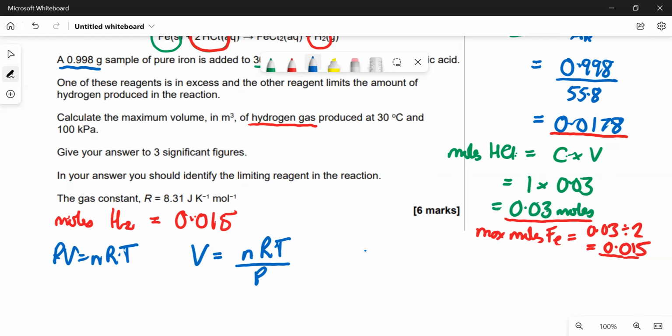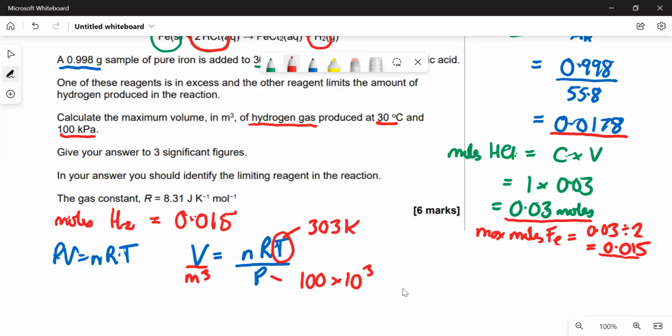So we need to remember the temperature is in kelvins. 30 degrees C, what's that in kelvins? Well, 273 plus 30 is 303 kelvins. The pressure is 100 kilopascals. We can't leave that in here. We must put that into pascals, so that's 100 times 10 to the 3. Our volume will be in meters cubed, and we've got our value of R.